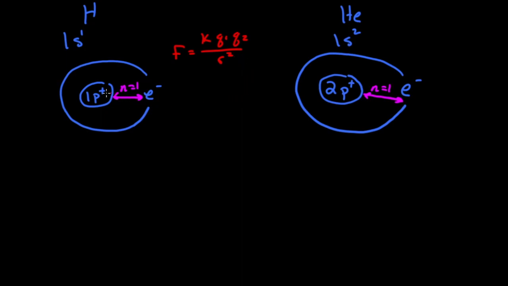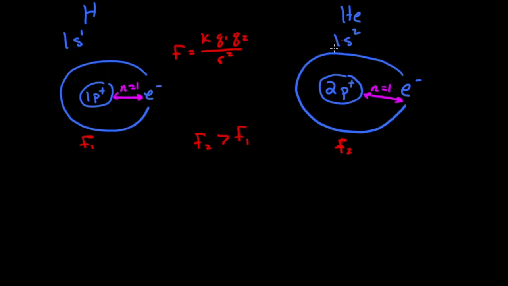Because this 1 proton right here can be this Q1, and this 1 electron here can be Q2, this force, F1, is going to be smaller than over here for F2. That's because these 2 protons in here can represent this Q1, and this 1 electron can represent this Q2 right here. So we can say that F2 will be greater than F1.